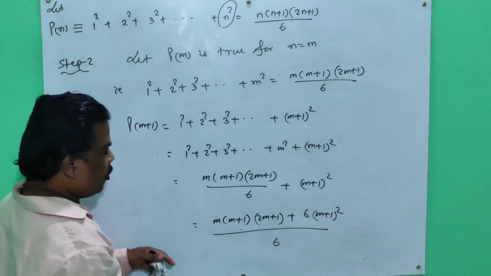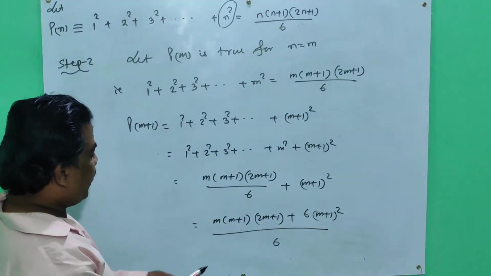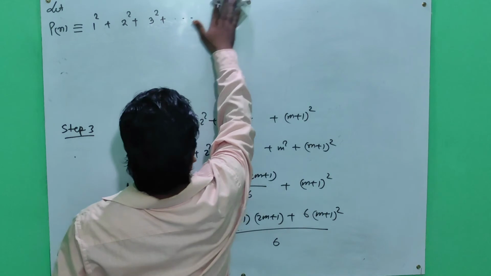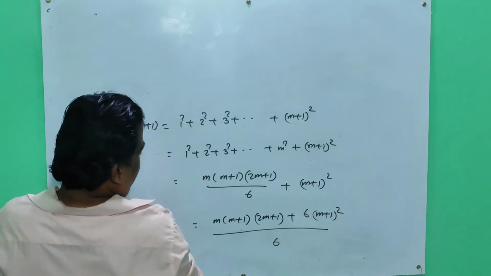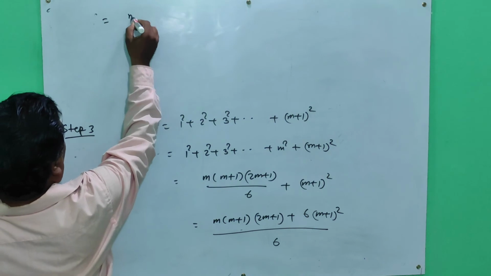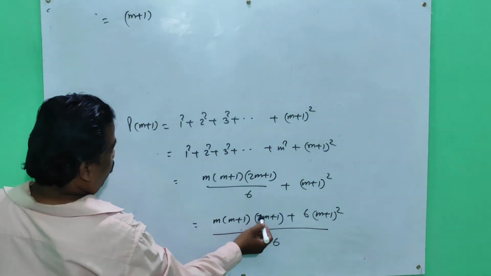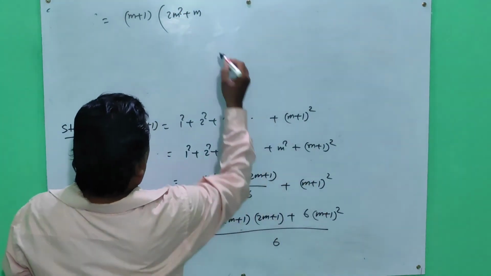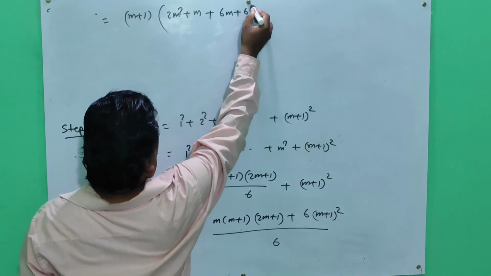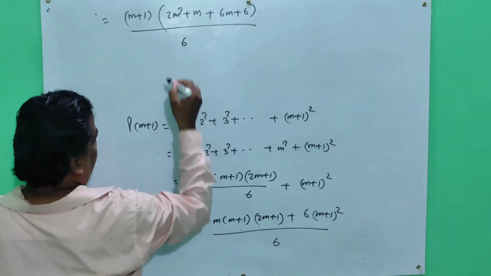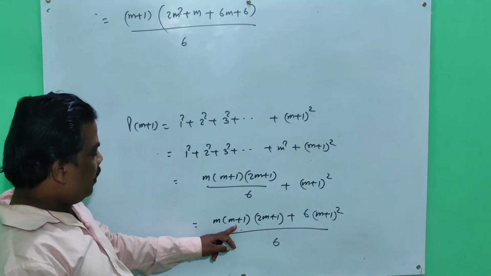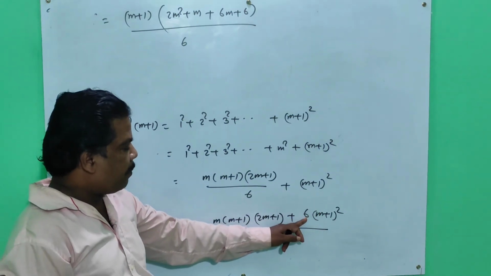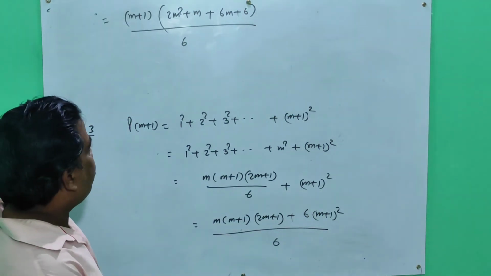By taking m plus 1 as a factor, we observe that it is (m+1) into [m(2m+1) plus 6(m+1)]. When we take m plus 1 common, the remaining part is 2m square plus m, and for 6 into (m+1), that is 6m plus 6, divided by 6.